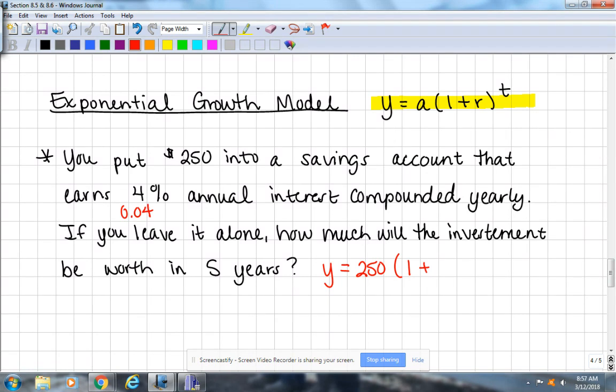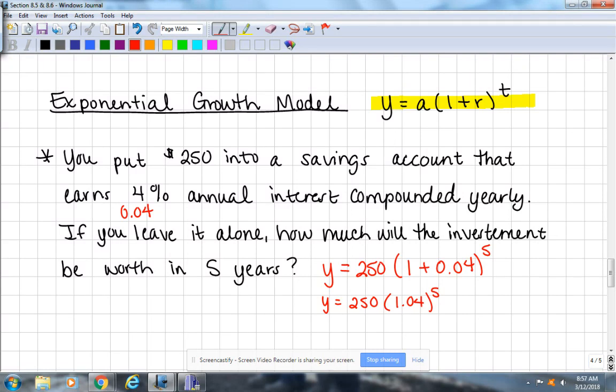We move the decimal twice for a percentage because it's out of 100. To the t power. Now, how long are we leaving it there? 5 years. So then we add inside our parentheses. 1 plus 0.04 is just 1.04, isn't it?